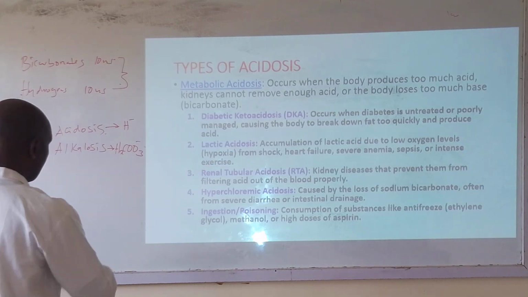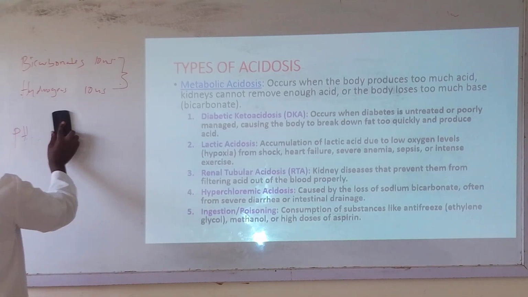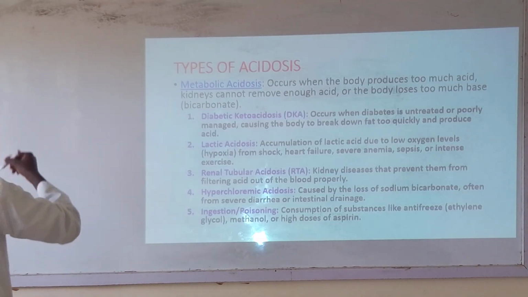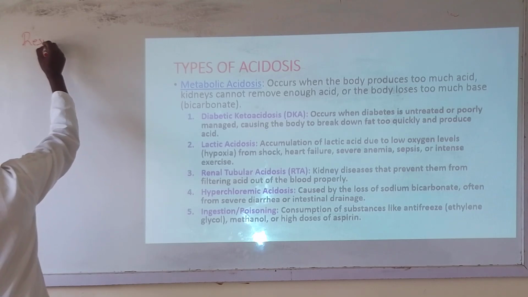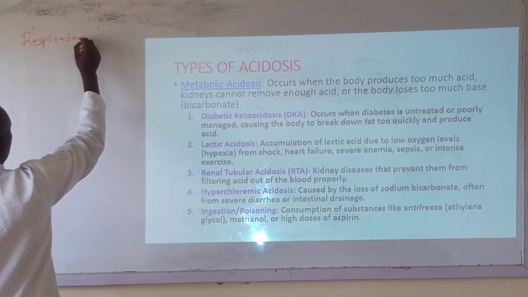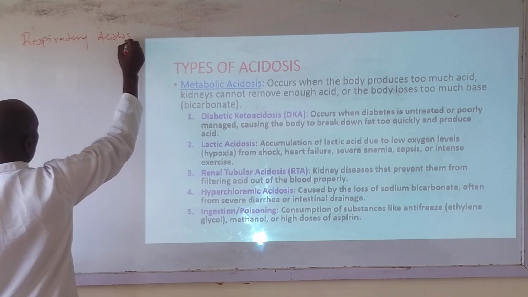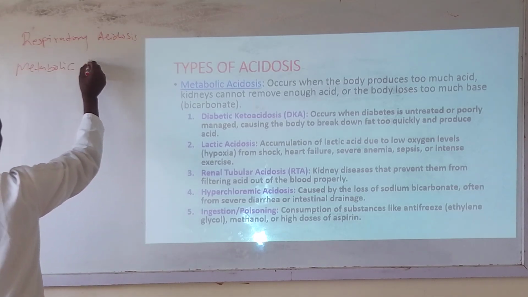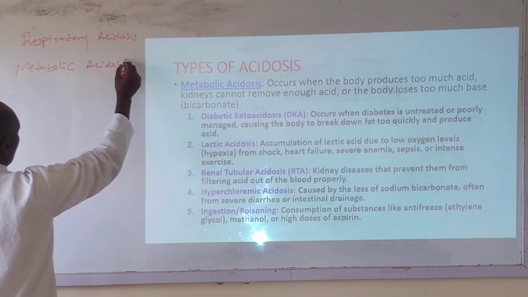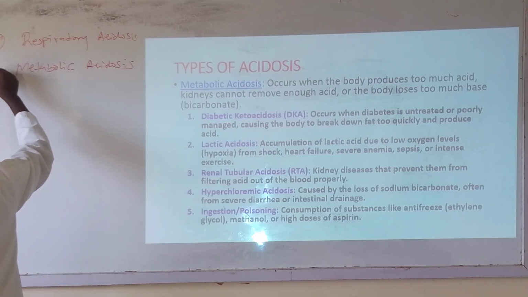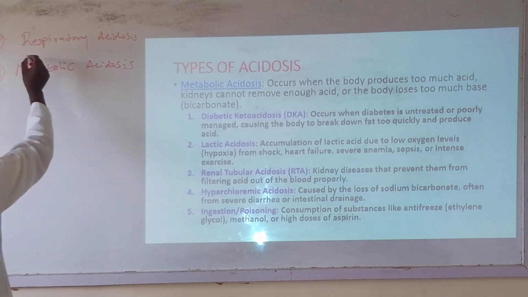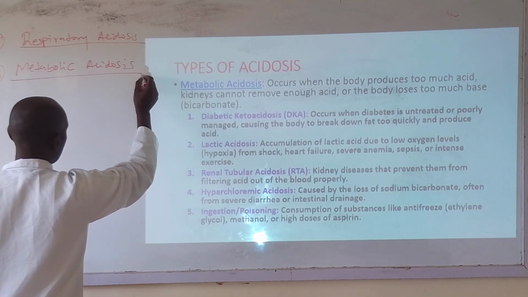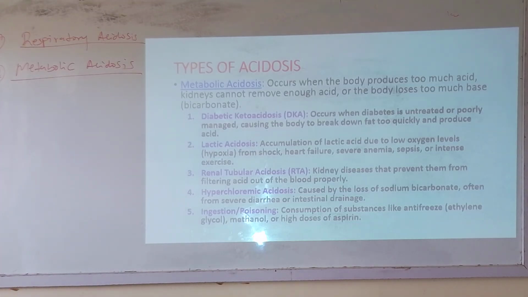So remember we said there are two types of acidosis: respiratory acidosis and metabolic acidosis. So this is one and this is two. But under respiratory acidosis, we have subtypes, and under metabolic acidosis, we also have subtypes.